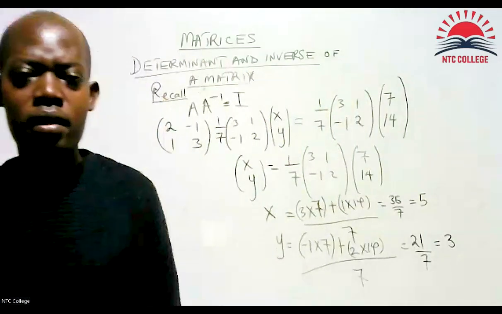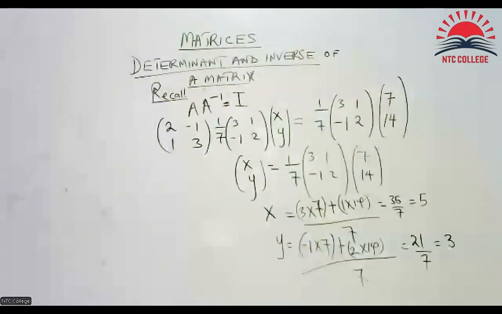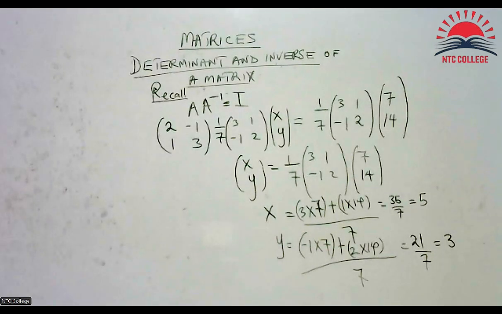So accordingly, we have been able to solve the linear simultaneous equation through the inverse method, that is the application of inverse, and x is 5 while y is 3.